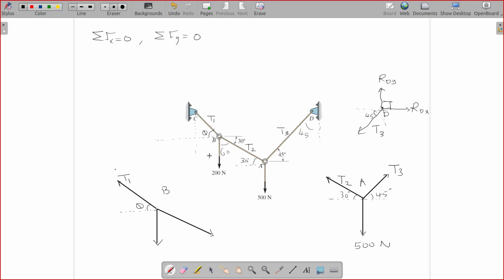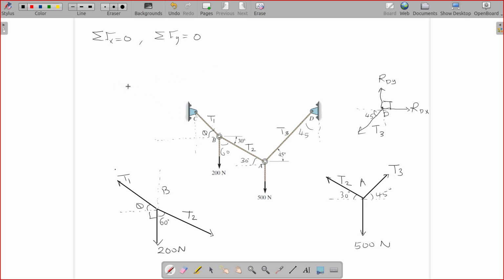We will need to calculate it. T2 here, this angle is given, this is 60. And this is 200 Newton. Obviously 90 here, this angle is also unknown. If this is theta, this will be 90 minus theta.